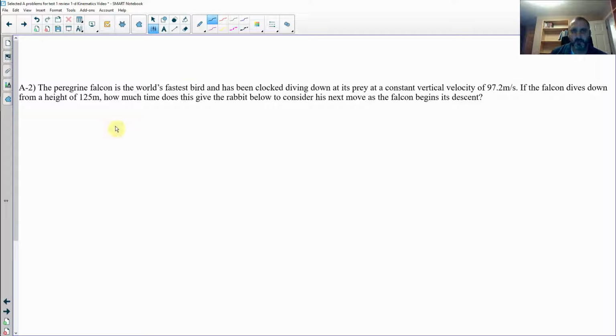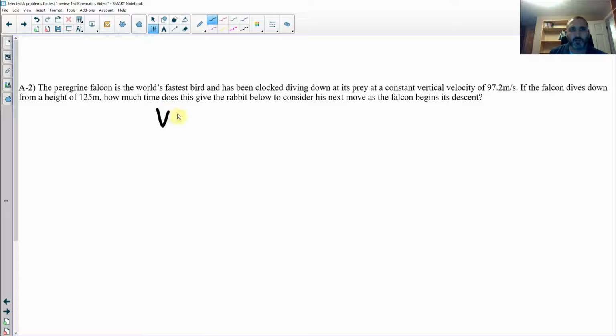A2, same basic deal. We've got a falcon diving down at a constant vertical velocity. Those are the big words right there: constant vertical velocity of 97.2 meters per second. So we know that it's flying downwards. This is kind of open and shut here.